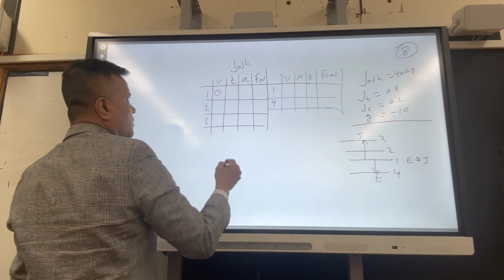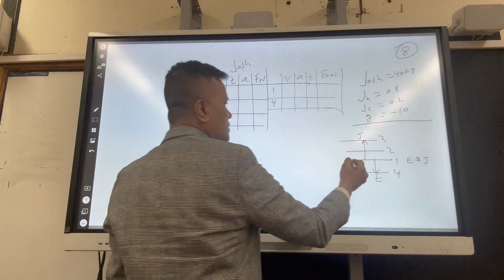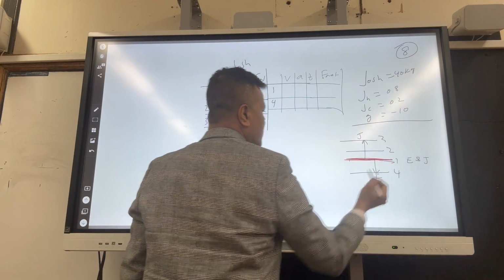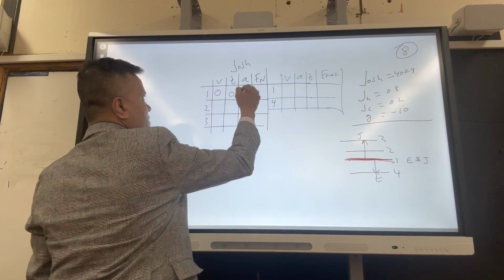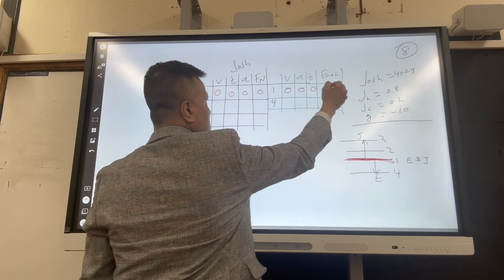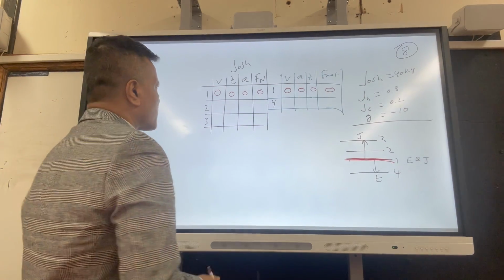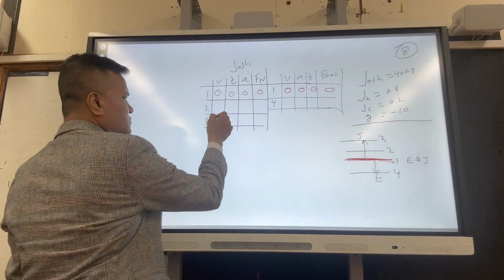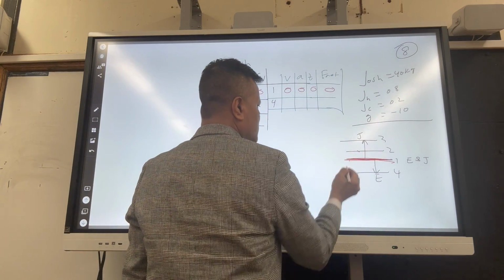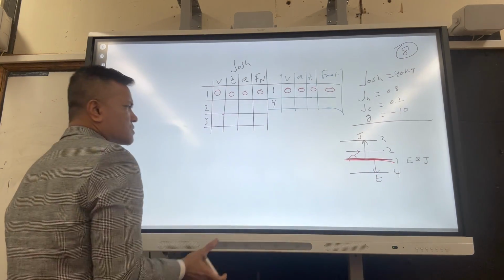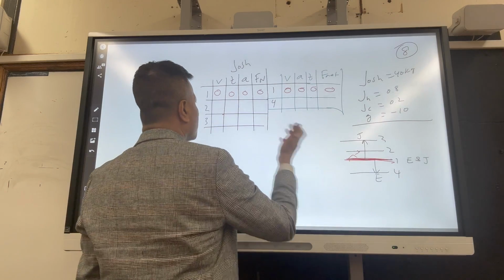So this is 0. Why? At location 1, everything is 0, right? Okay, make sure you understand what's going on. Now, velocity of Josh at location 2, because he crouches. To jump up, he needs some velocity.